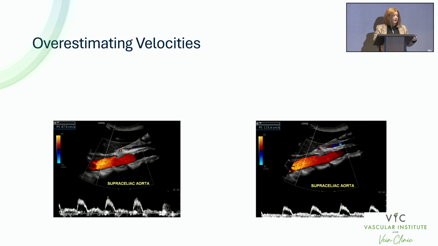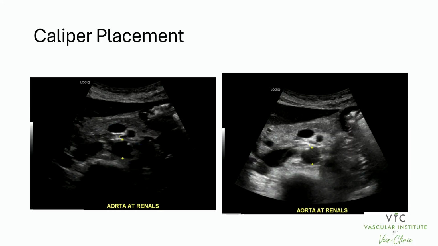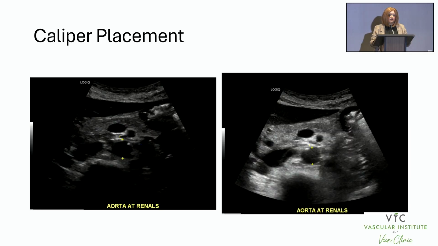While that's probably not a huge difference, we have a standard for normal velocities between 40 and 100 centimeters per second. So if you were going to get a ratio based on that 115, you would call that ratio invalid, because that's technically elevated in an aorta. This patient, I think, was young, and that's why they had higher velocities.